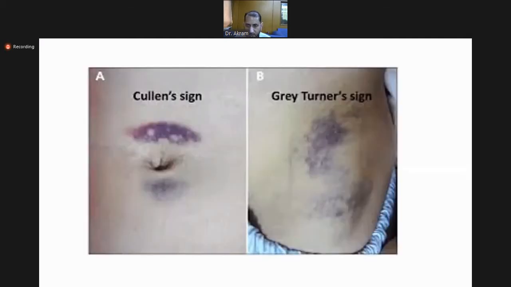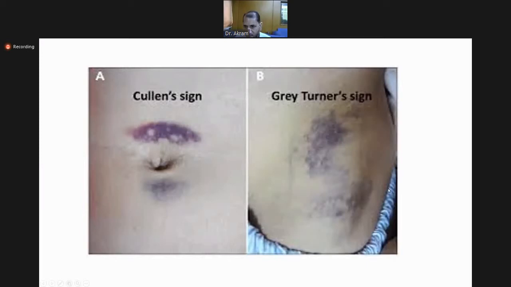Look, this is a retroperitoneal collection. If the patient is white, these signs are mostly detected in white people. In our setting it is very rare because we have dark skin, so dark skin cannot show this collection. This is the retroperitoneal collection with discoloration above and below the umbilicus, or around the umbilicus, which is known as Cullen sign.